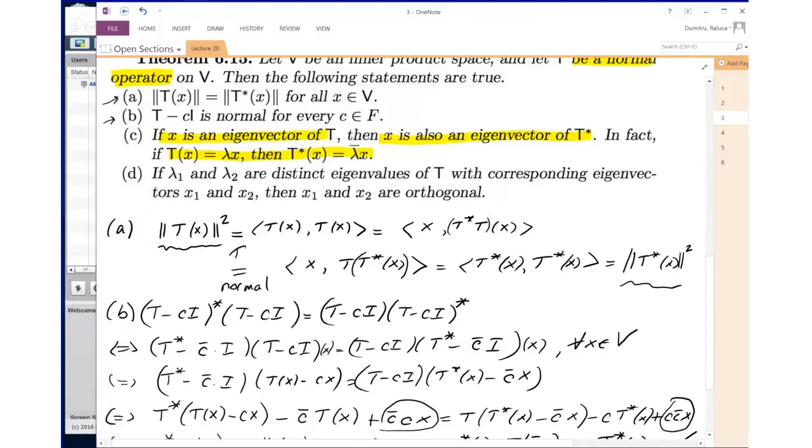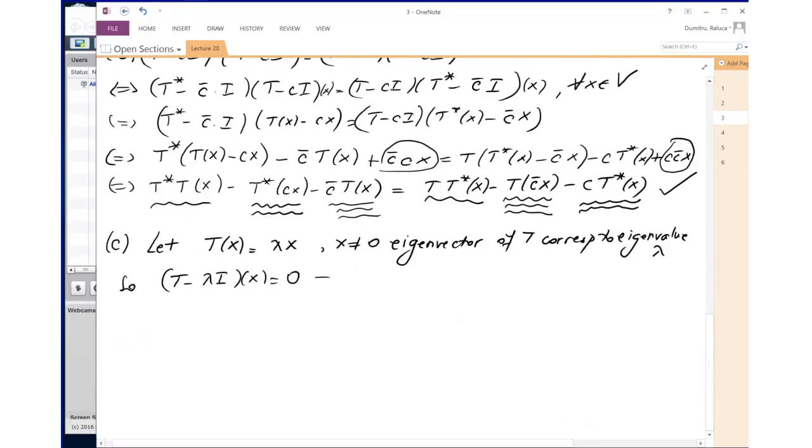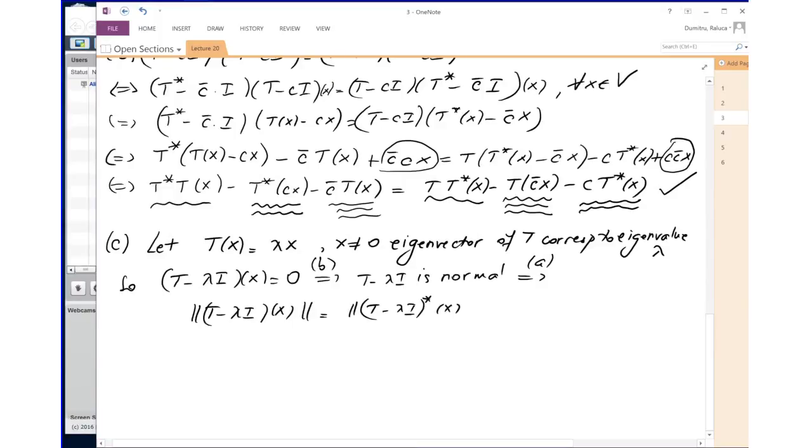So the norm of T minus lambda identity of x is the norm of T minus lambda identity adjoint of x, which is the norm of T star minus lambda bar identity.